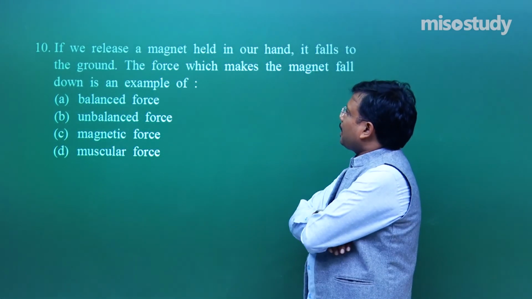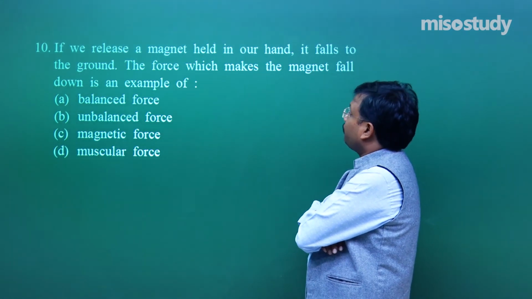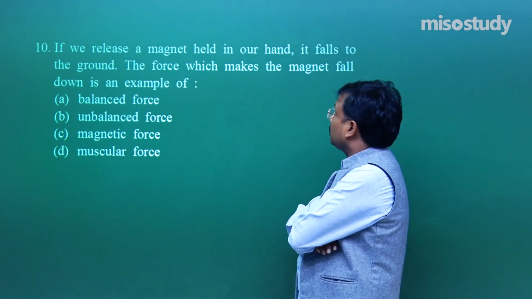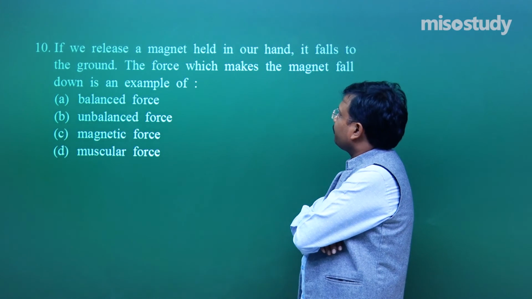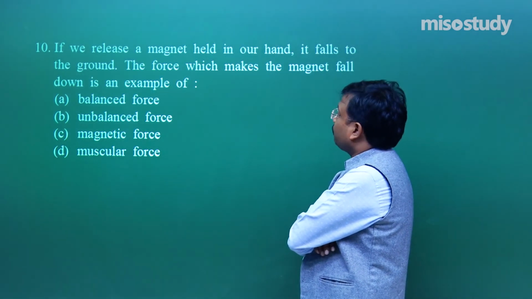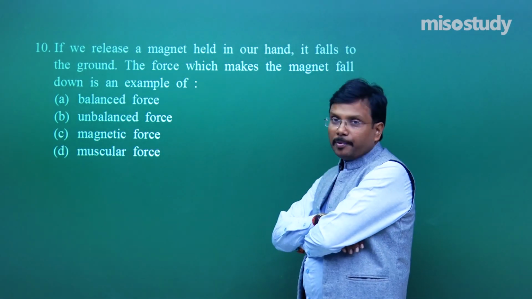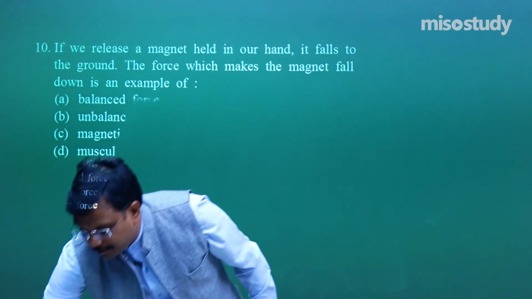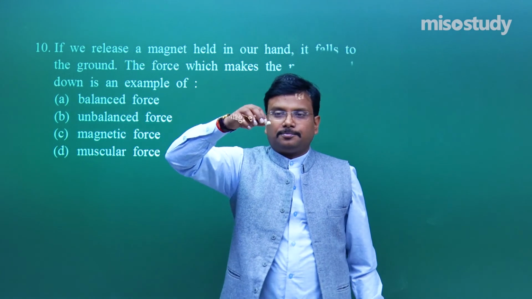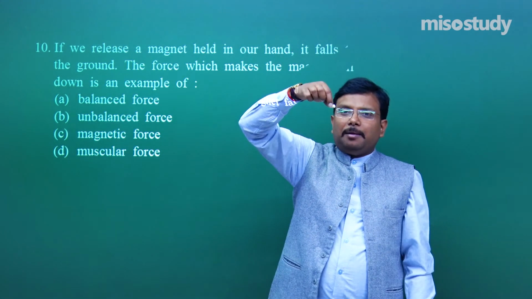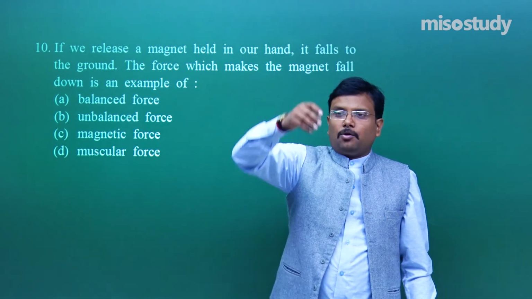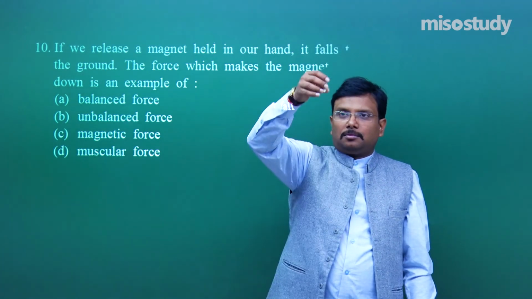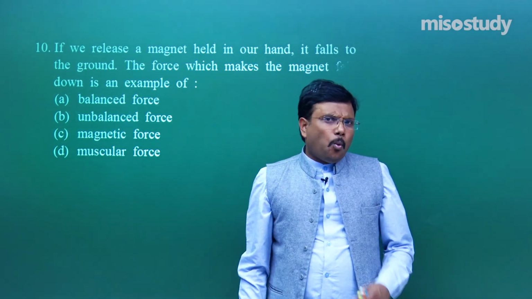If we release a magnet held in our hand, it falls 10 meters to the ground. The force which makes the magnet fall down is an example of what? Now, imagine a situation, students, I have this white chalk. The moment I release this chalk, it goes downward like this. Why?